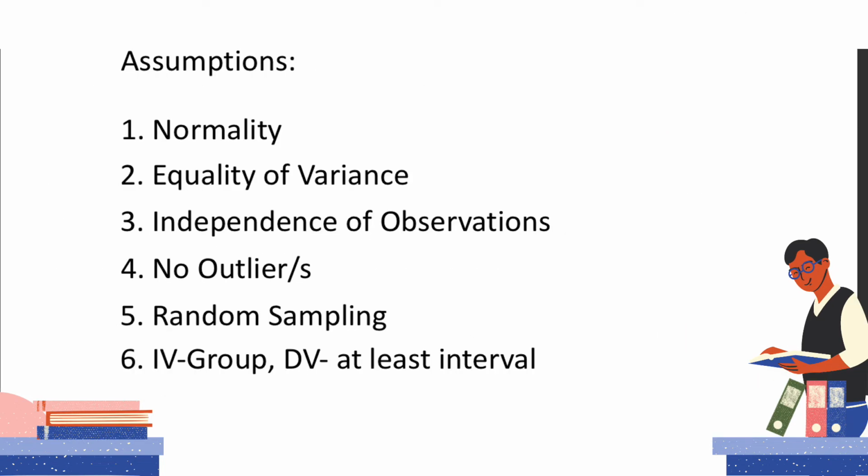So the independent sample t-test should have the following assumptions: the normality of the distribution, the equality of variance, independence of observations, there are no outliers, and it is done using random sampling. And there is IV, which is independent variable and dependent variable group.